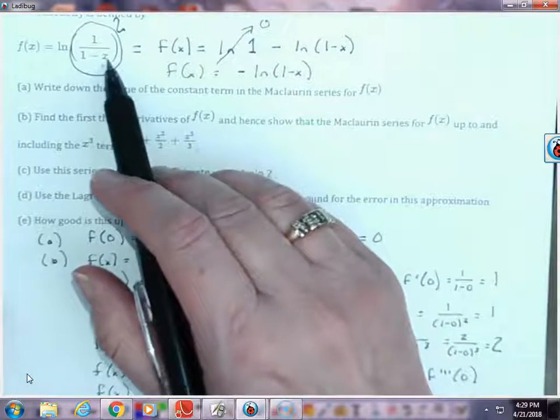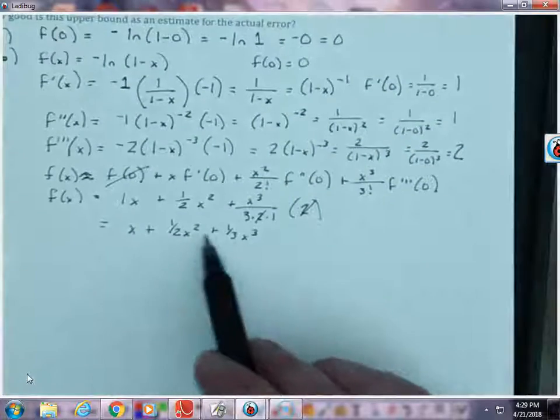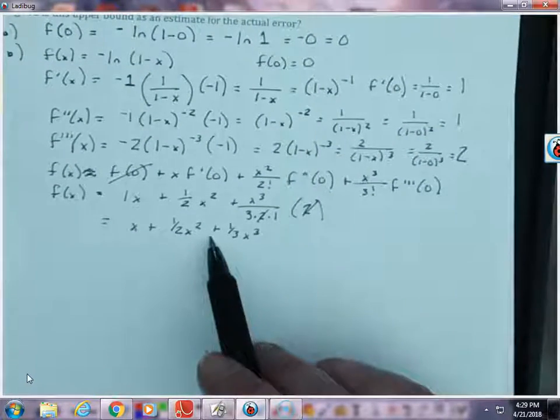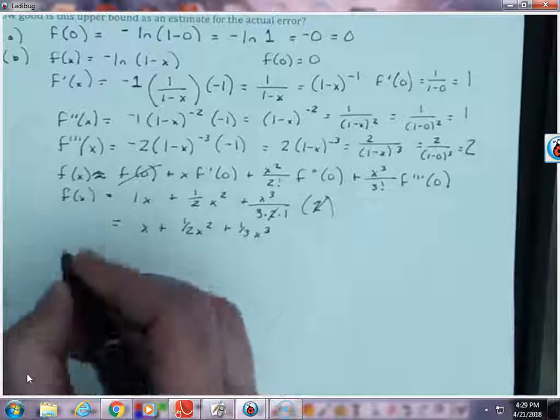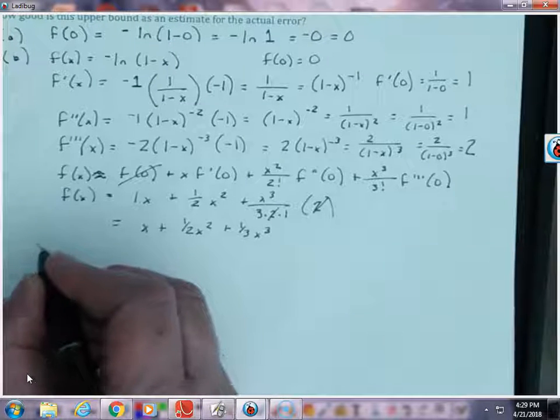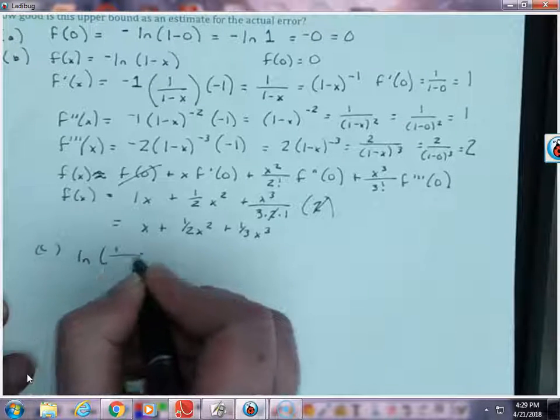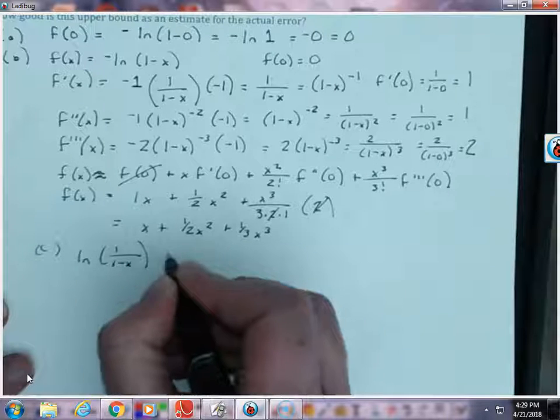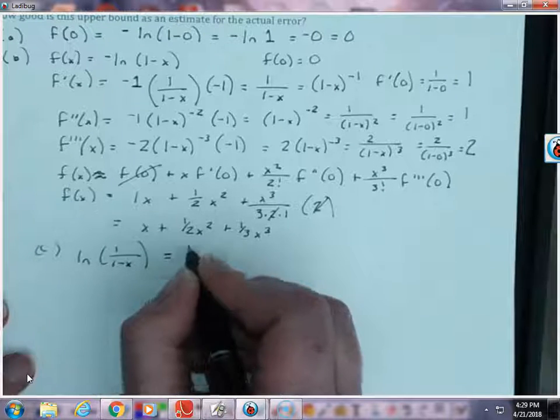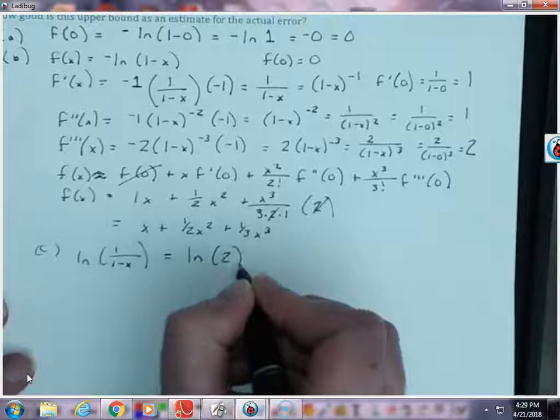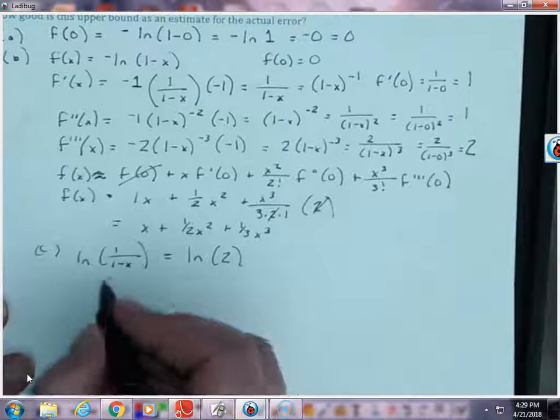So I would know whatever this x is, that's what I would substitute in here to get a nice approximation. Okay, and so if our function is ln of 1 over 1 minus x, I want to figure out what that would have to be for me to figure out ln of 2. What would x have to be?